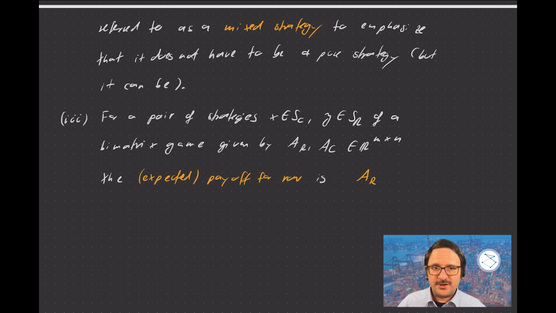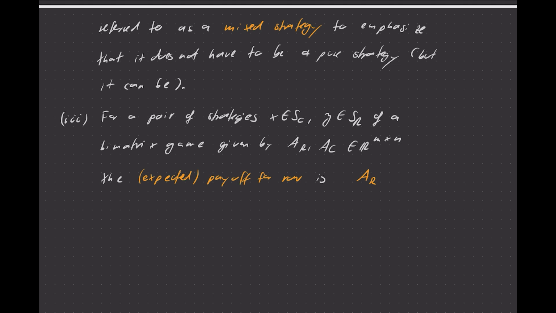So in pure strategies, we'd get the entry at position i, where i is the position of the one entry in y, and j, where j is the position of the one entry in x. In mixed strategies, we just have to weigh each possible outcome with its probability. And to do that, we'll use the expression A_R times x. So that basically weighs each column with the factor x_j. So the first column will be weighed with x_1, the second with x_2, and so on.